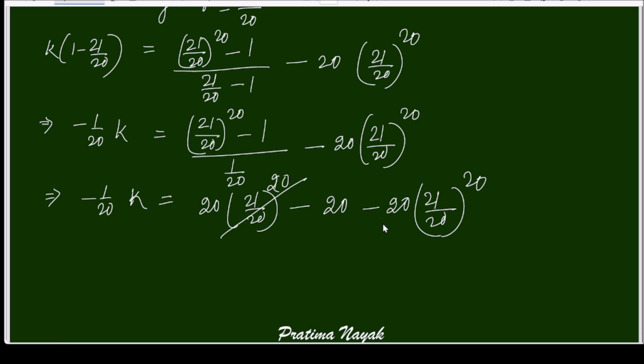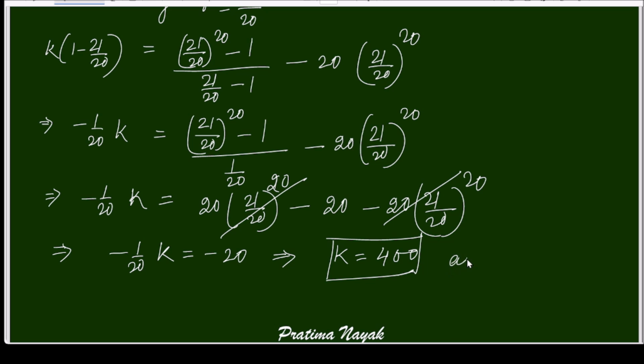So these two will be cancelled, or minus 1 by 20 k equals minus 20, or k equals 400. So it is an MCQ question. So k is equal to 400 is the answer.